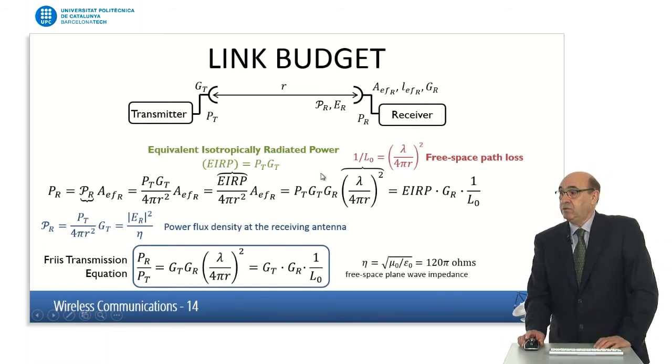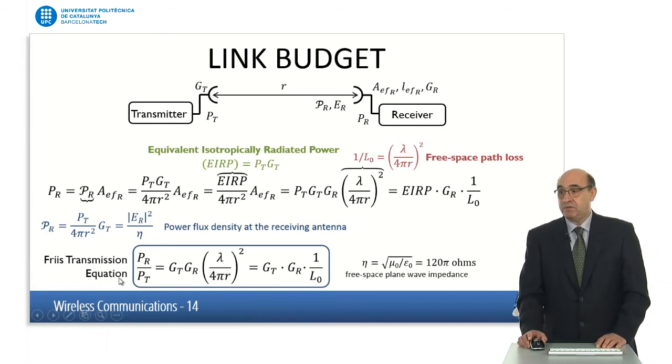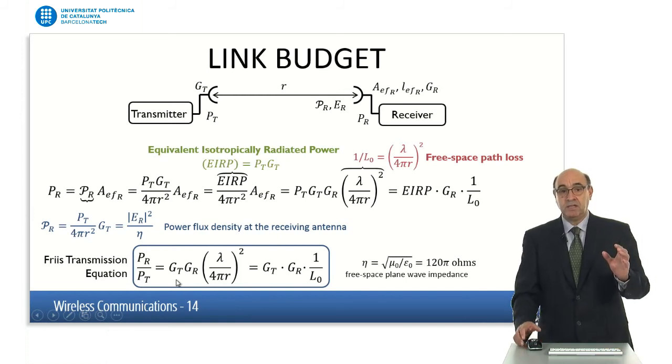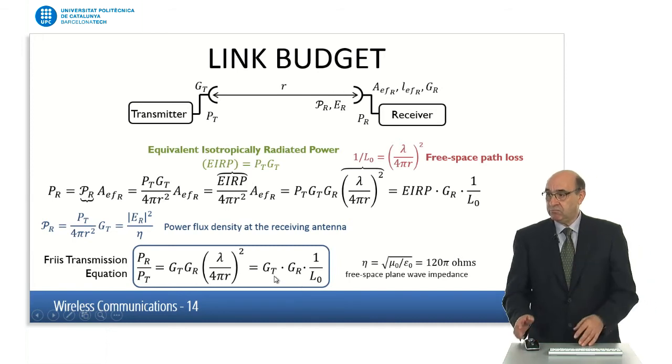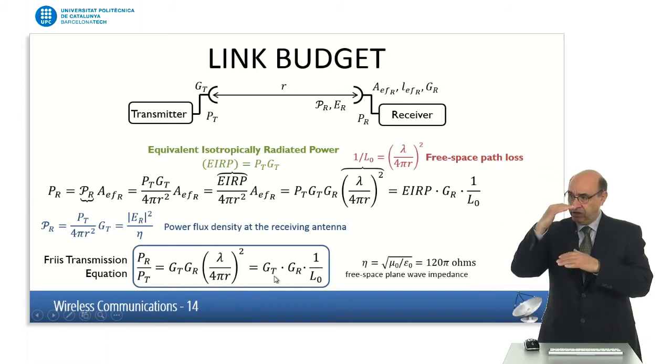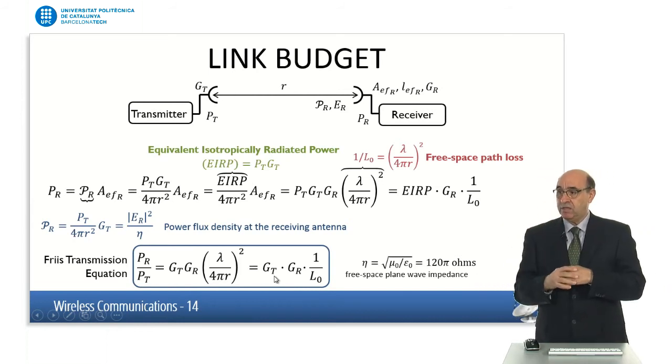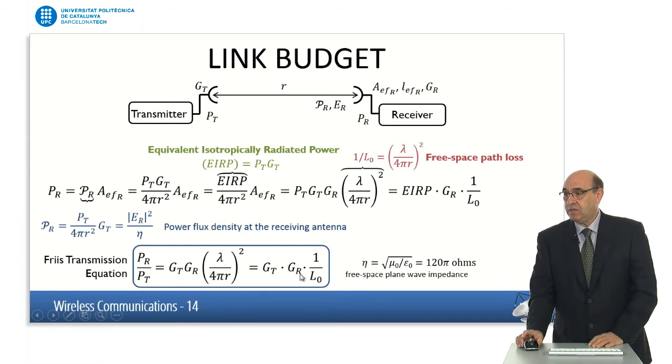Now, if we want to establish a balance, what we have to do is just divide this received power by this transmitted power. And this is the transmission equation. And look, it's the product of the gain of the transmitting antenna, the gain of the receiving antenna, and the free space path loss. Normally, this is a value that may take a range which is quite high, depending on the size of the antenna, but here the dominant term is this one.